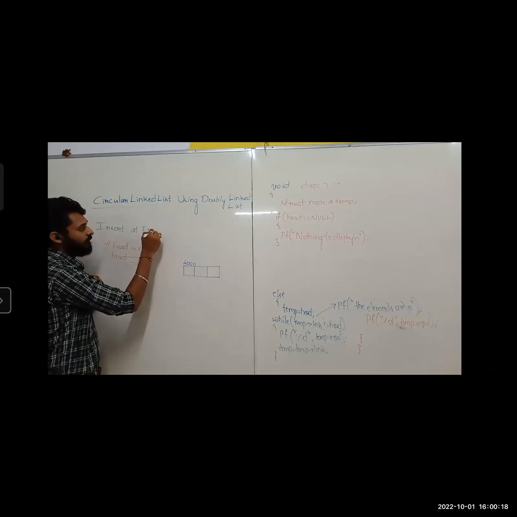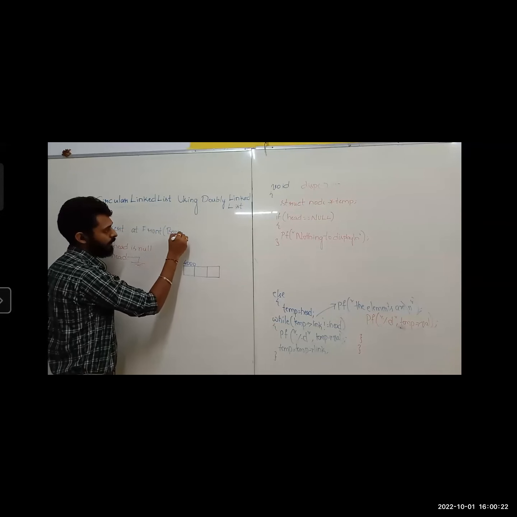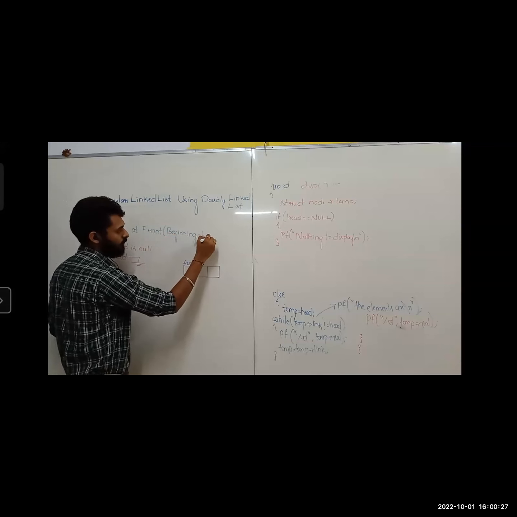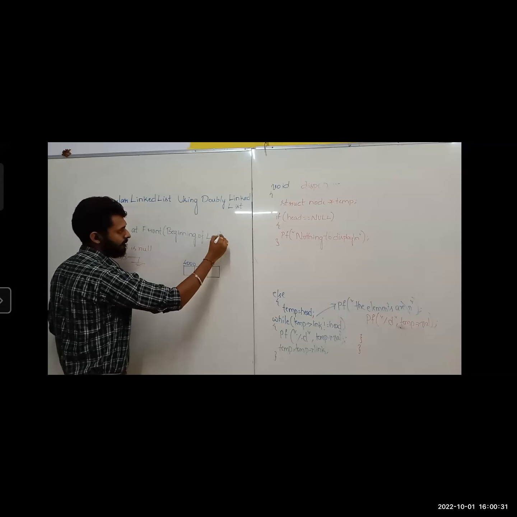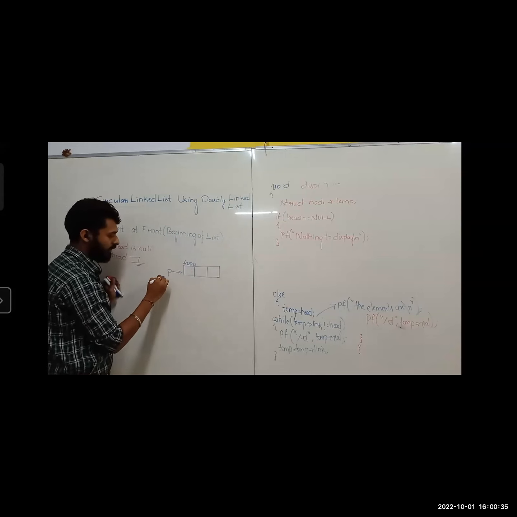Front means what? Beginning of the list. And here P will be there. P is pointing to here, and inside P.